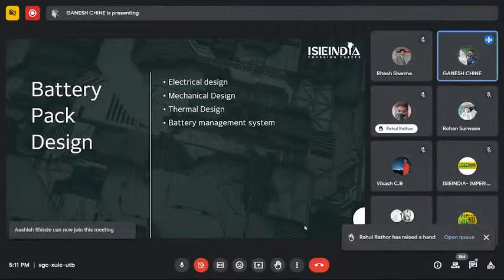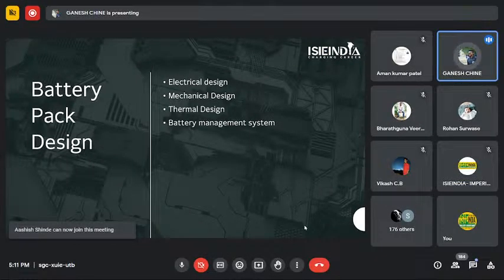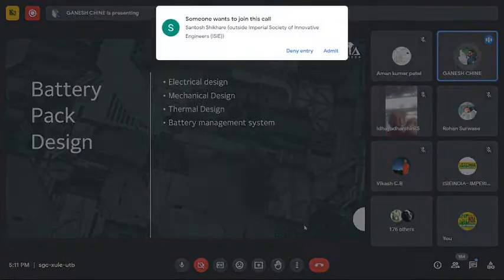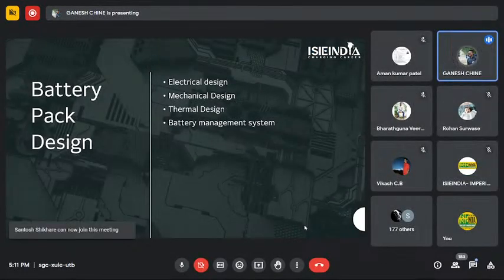And then mechanical robustness. While designing the battery pack, we require a robust mechanical design, because in every condition your battery pack gets various vibrations from the other systems present in the vehicle. At that time, your battery pack should have that robustness, because we have very different road conditions.